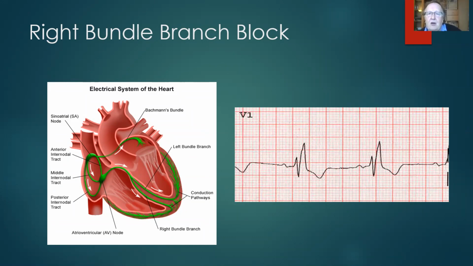But now when we look at the QRS complex, it is broad and notched. And that is because the left ventricle starts to contract and then the right ventricle catches up. So here we have a situation where the big bloke can make the little bloke work, but it just takes a little bit more length of time.